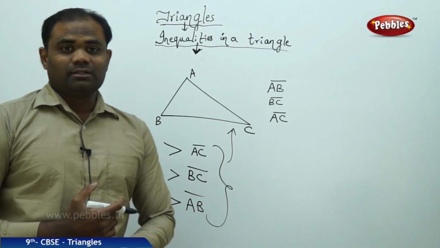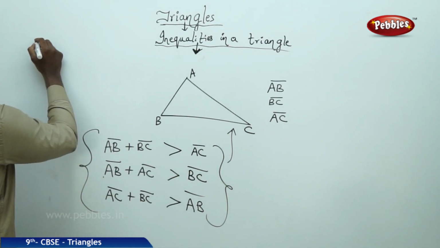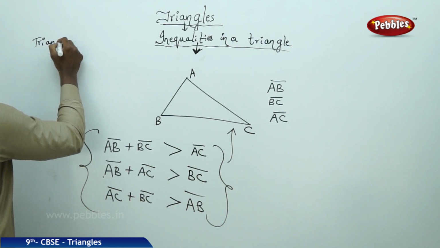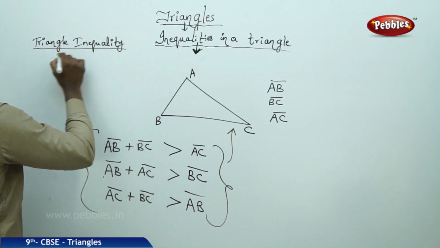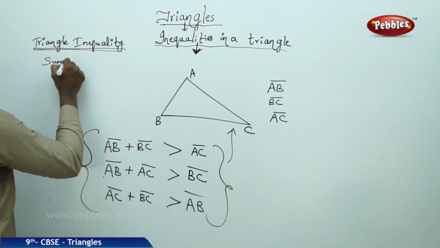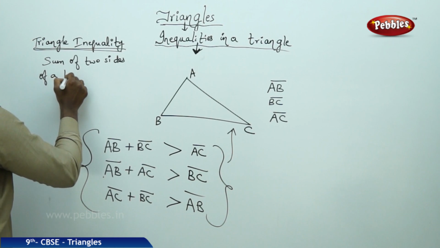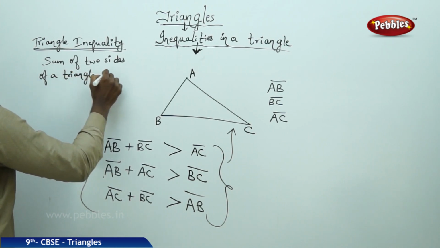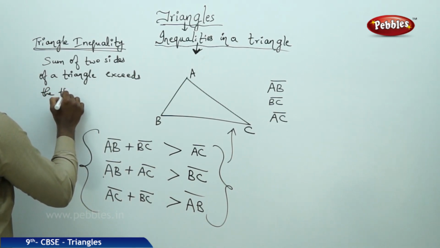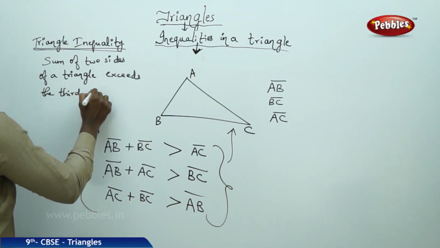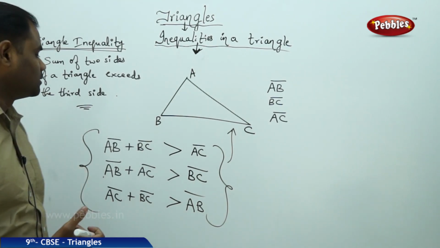This is how we understand the sides connected with inequality. So this is called triangle inequality. Inequality which states that the sum of two sides of a triangle exceeds the third side, or is always greater than the third side.